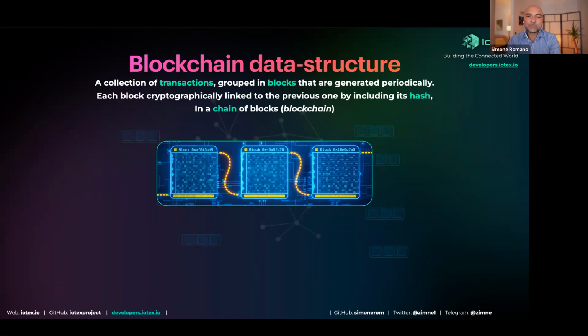The blockchain itself is basically a collection of transactions, grouped into a data structure that we call a block, which contains a certain number of transactions. These blocks are usually generated periodically, and each block is cryptographically linked to the previous block by including the hash of the previous block. We will see immediately after what a hash is. This eventually creates an ever-growing chain of blocks of transactions, and that's why it's called a blockchain.